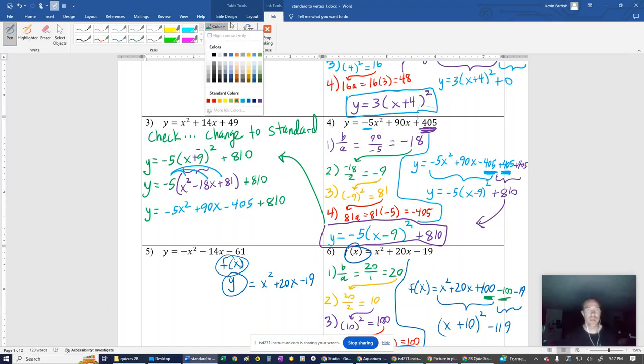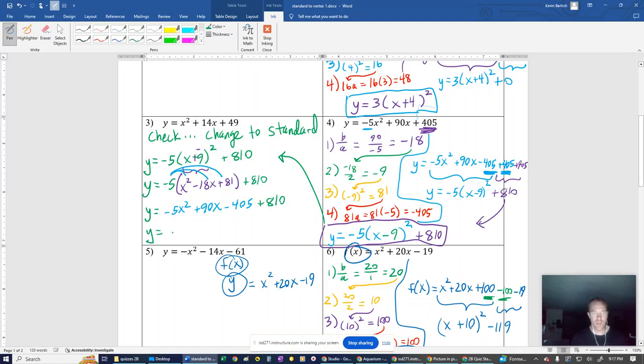Now we can combine some like terms. I've got negative 5 x squareds, no other x squareds. I've got 90 x's, no other x's, but minus 405 and plus 810 combine to be plus 405. So unless I'm making a mistake, that matches the original. This right here matches the original that I had. So I feel good about my answer. y equals negative 5 times x minus 9 in the parentheses squared plus 810. Did the check step. Feel good.